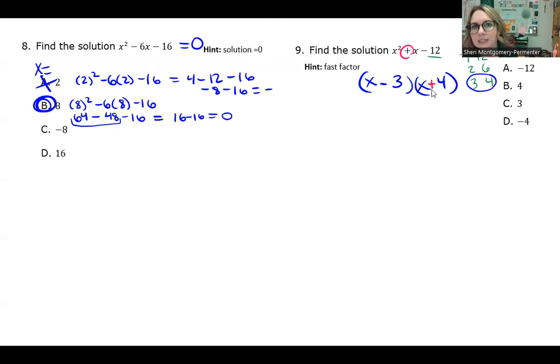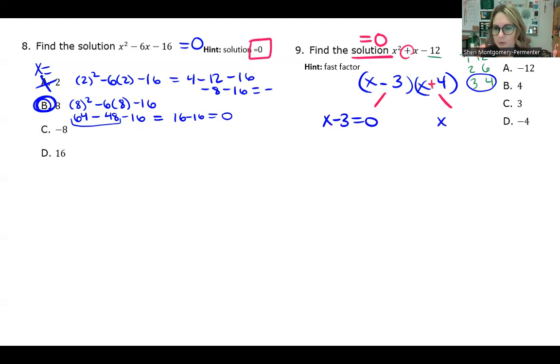If you factor to find solutions, solutions always mean equal to 0. So you have to set each one of these equal to 0. So you get x minus 3 equals 0, x plus 4 equals 0. Well, what minus 3 gives you 0? 3. So 3 is a solution.